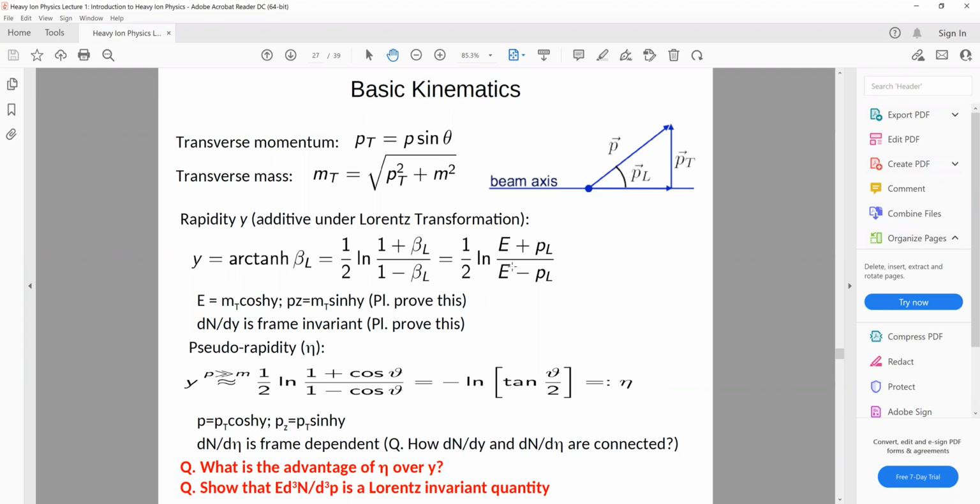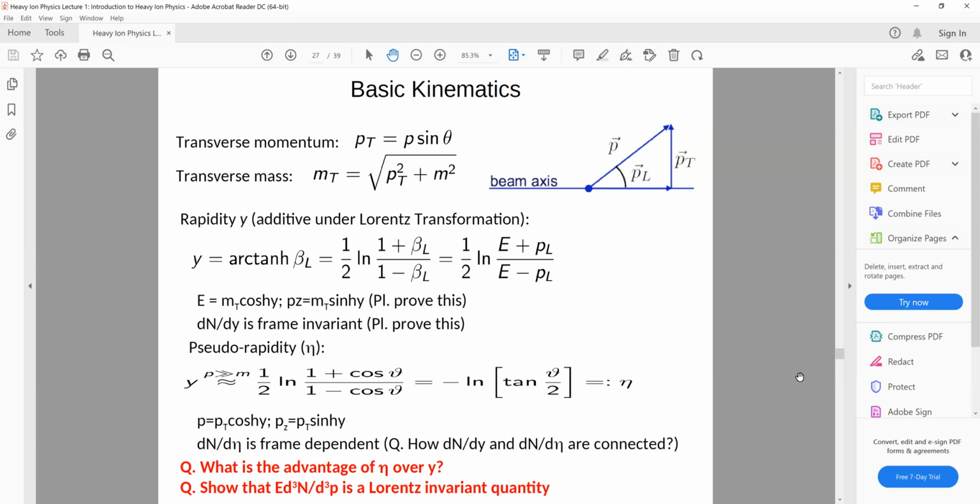So the rapidity of a particle in the laboratory frame is equal to the rapidity of the same particle in the center of mass frame plus the rapidity of the frame itself. Now all these frames are inertial frames, right? That means the frames which are moving at constant velocity with respect to each other. That is why this frame rapidity is a constant. So if you take dy lab, then dy lab should be equal to dy center of mass plus dy frame.